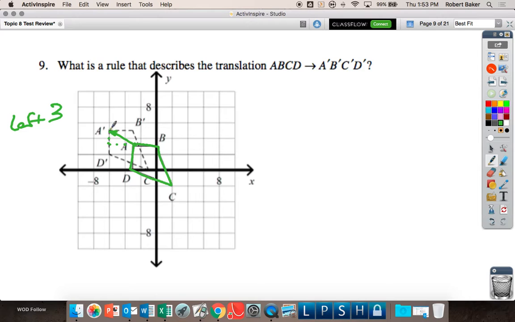Up 2. So the translation rule would be -3, +2. That moves it left 3 and up 2. But what's the answer on the test? A.